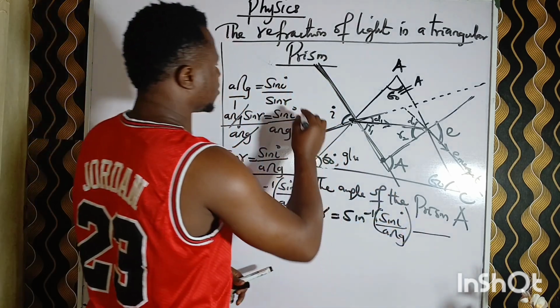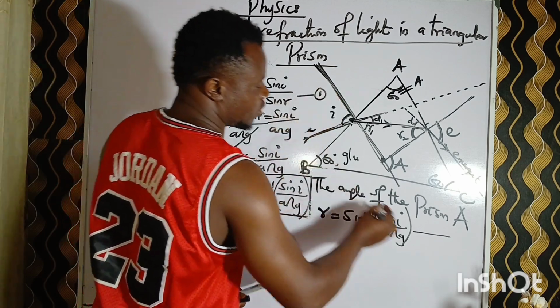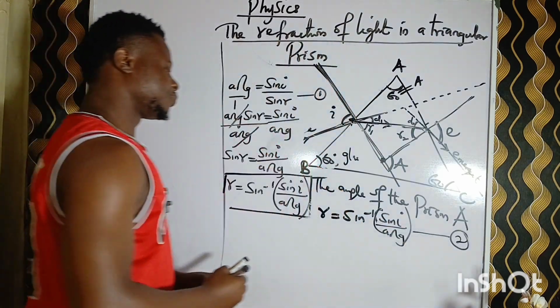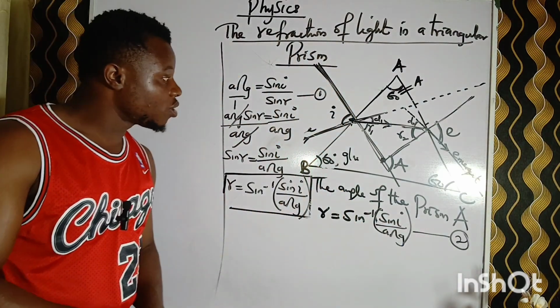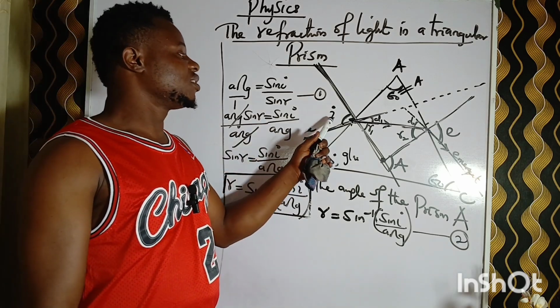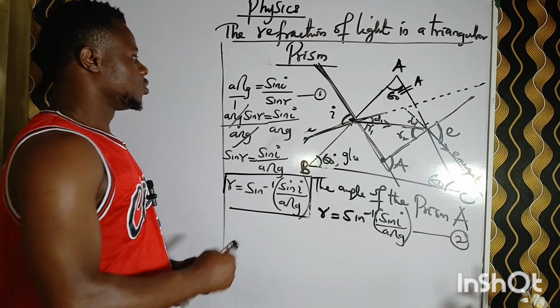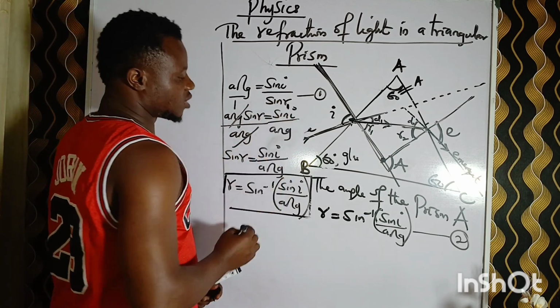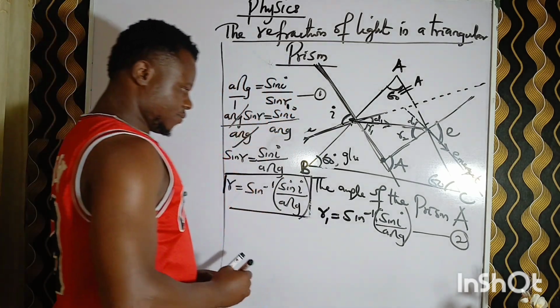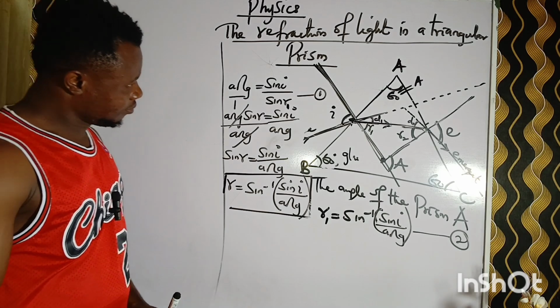This becomes formula 1, and this is equation 2. So meaning that once this angle of incidence is given, you can get this refracted angle. The refracted angle we tag it as R1, R1.